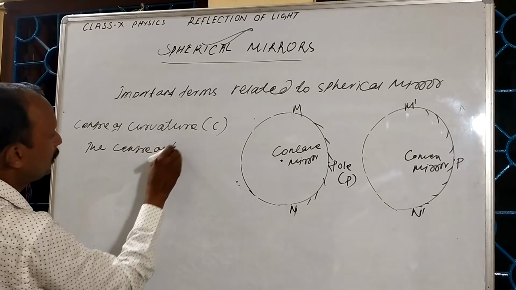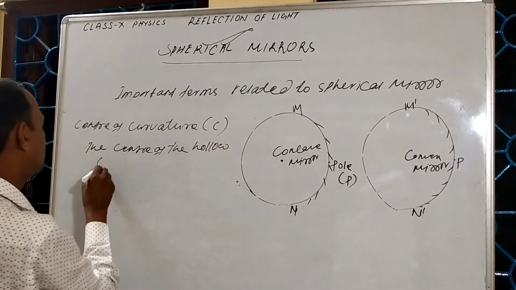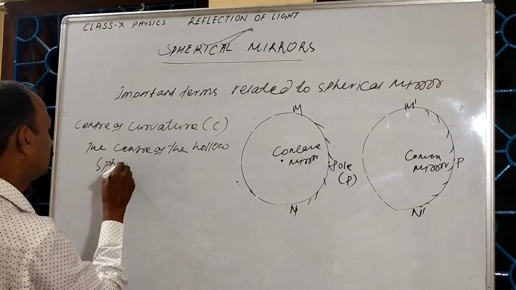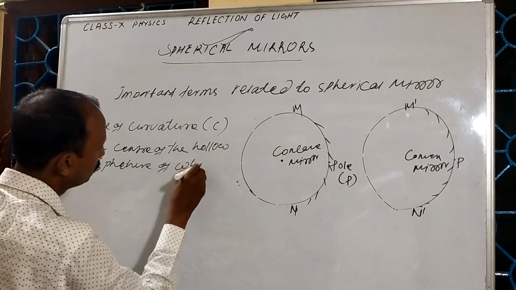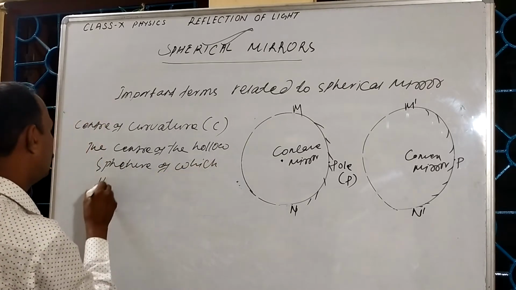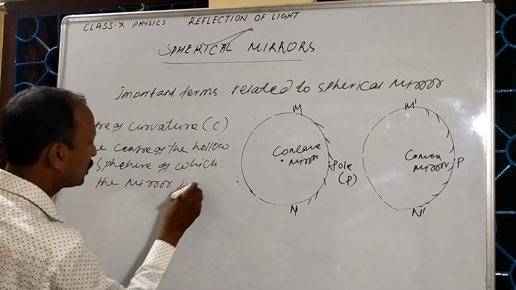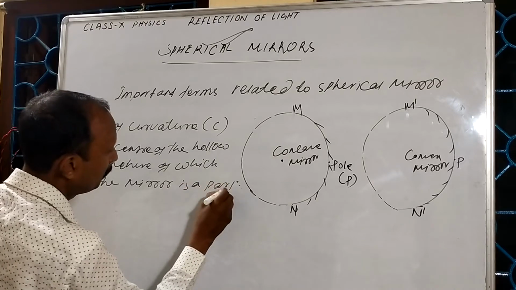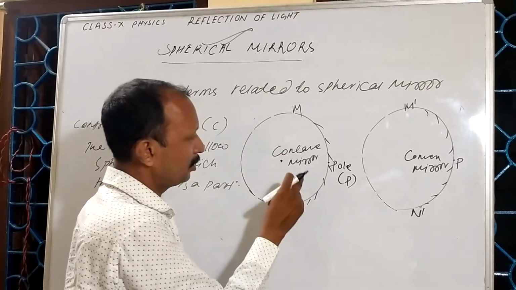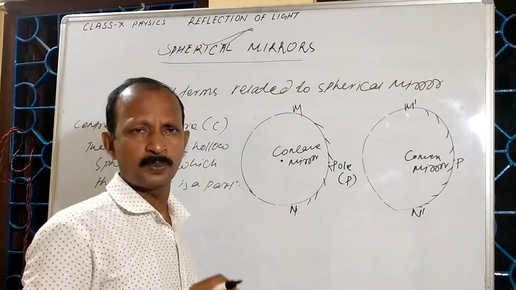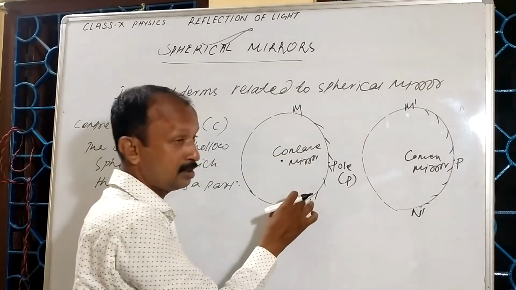center of the hollow sphere of which the mirror is a part. This mirror is a part of the hollow sphere. So the hollow sphere has a center. I am not talking about a circle.